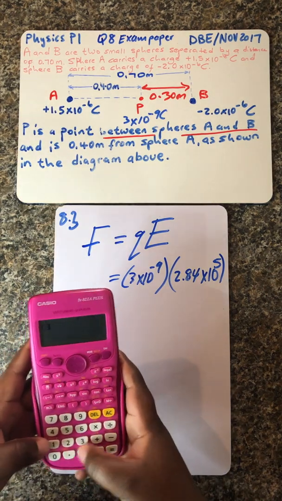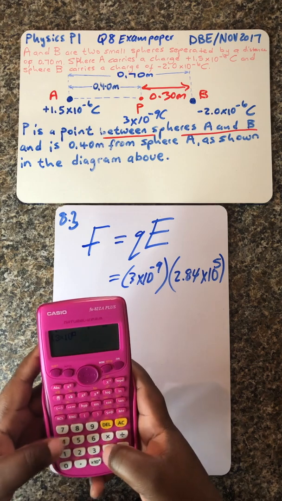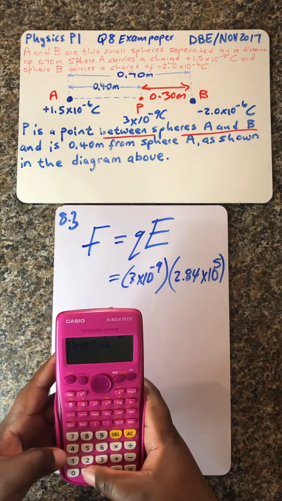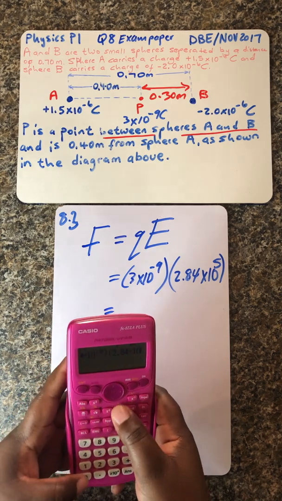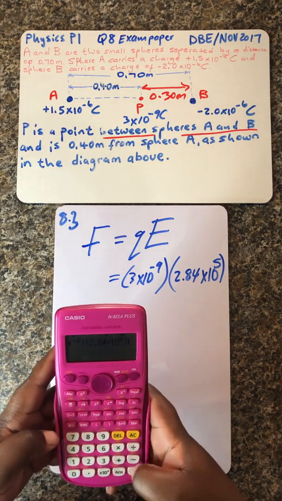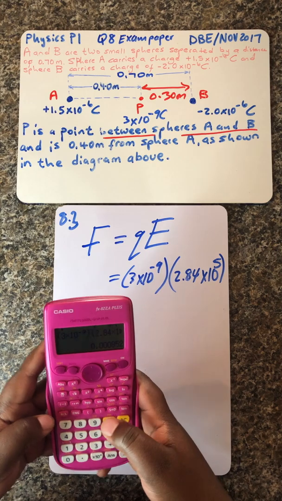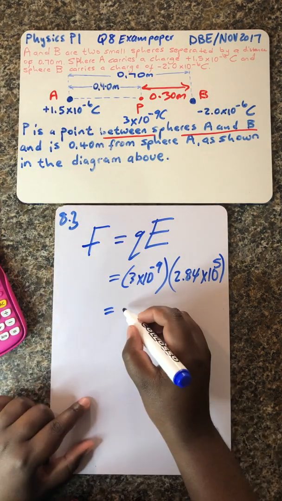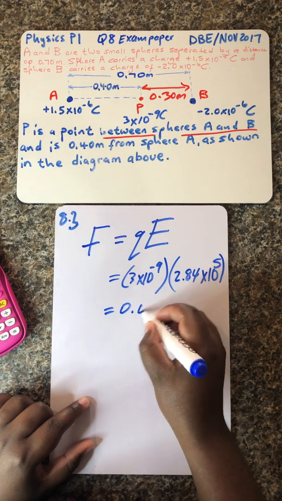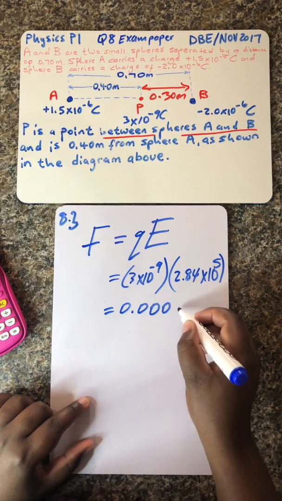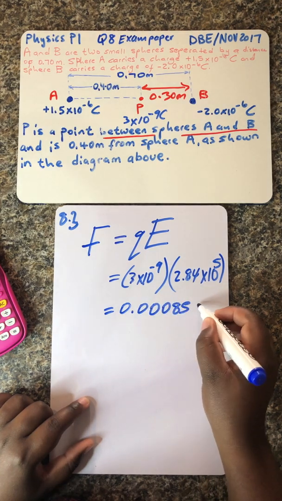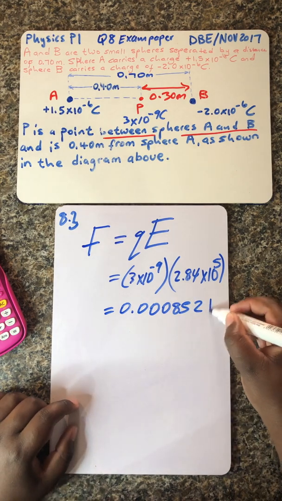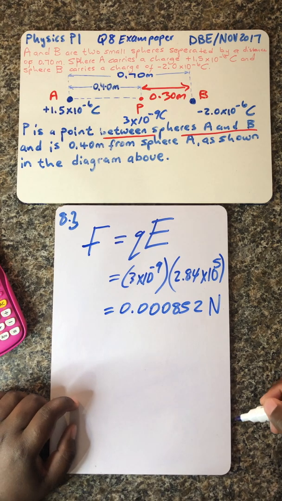Open bracket 3 by 10 to the exponent negative 9, you close, you open 2.84 times 10 to the exponent 5. And then you get this as your answer. I'm not sure if you're getting the same decimal. It's 0.0000852. Okay, so remember, this is the force, so it's calculated in newtons.